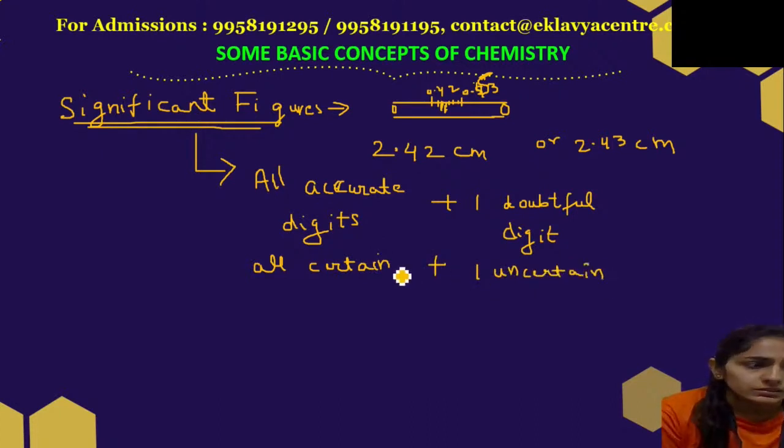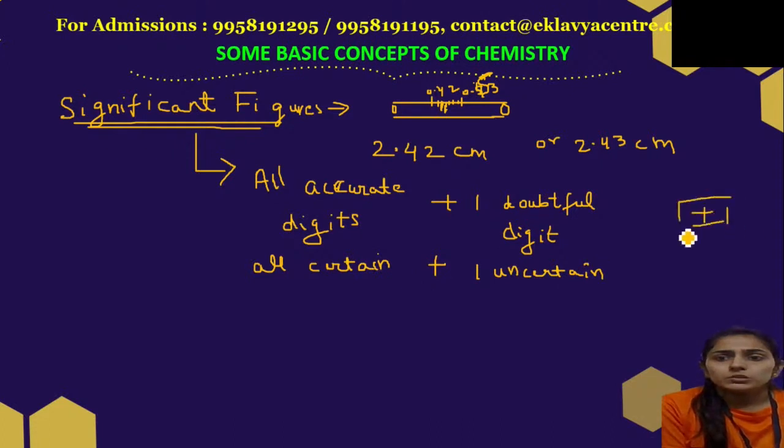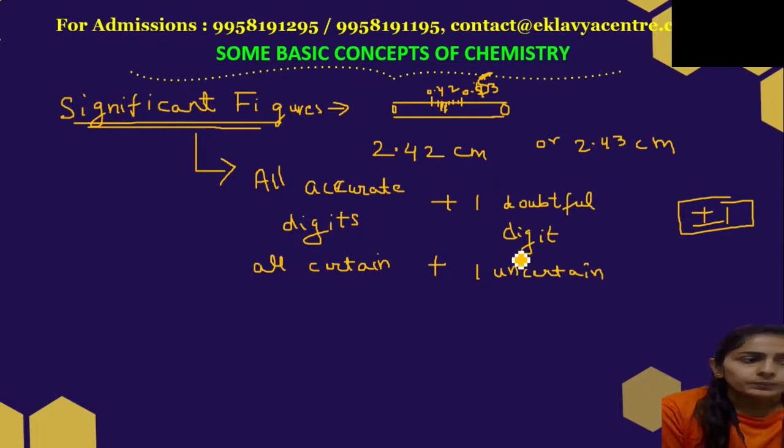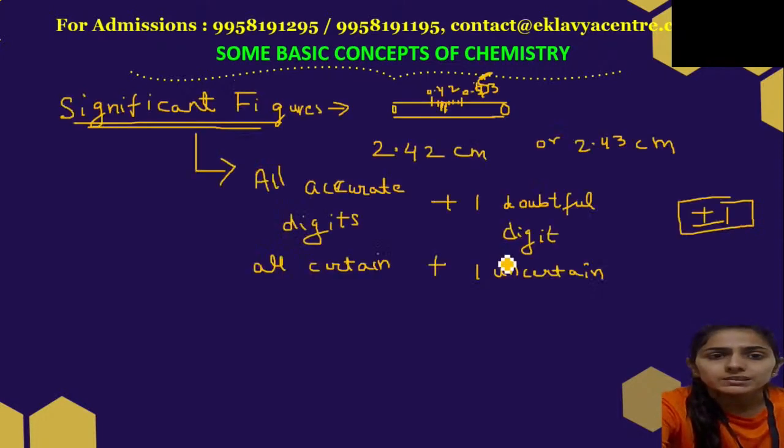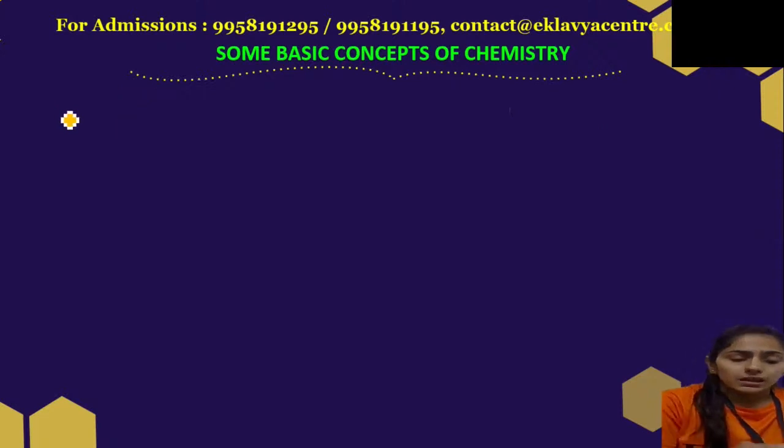We say the uncertainty is usually of plus minus 1. Now we have to study significant figures. So before studying significant figures we have to learn some rules. Let us study the rules of significant figures.